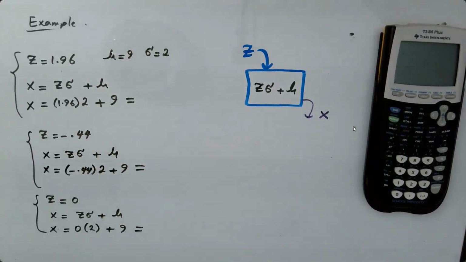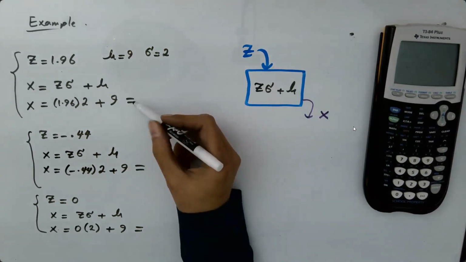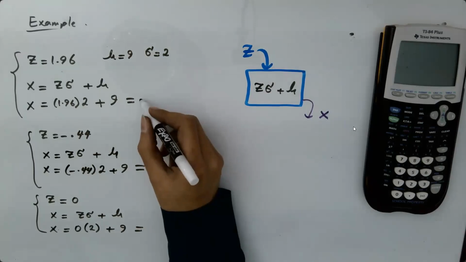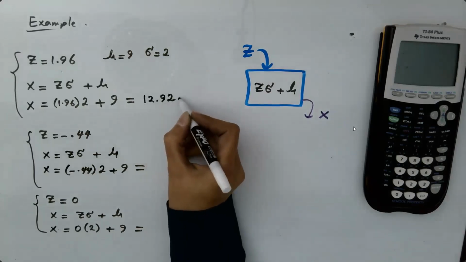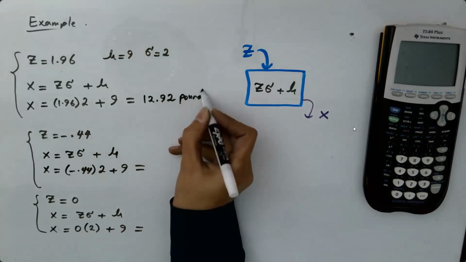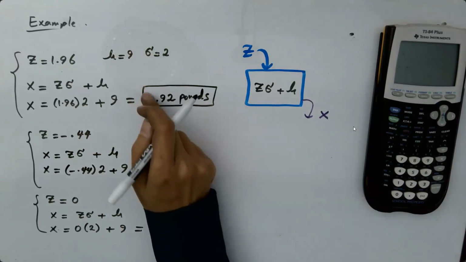Okay. By doing the computation, the very first weight is about 13 pounds, 12.92 pounds, the actual weight of the cat.